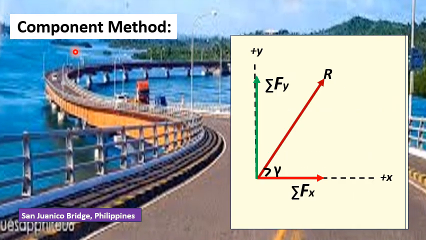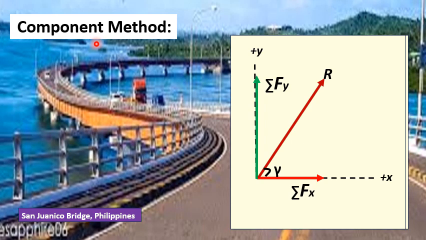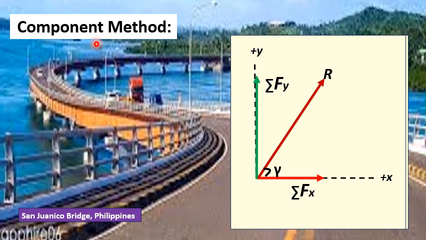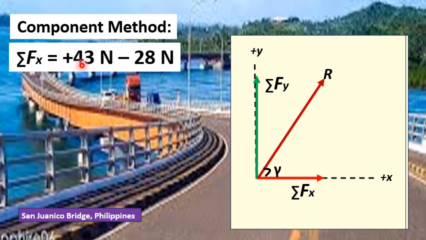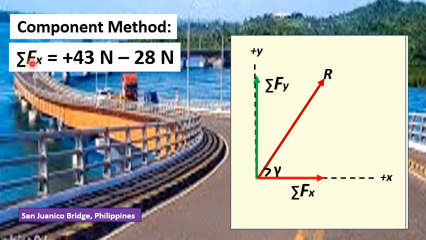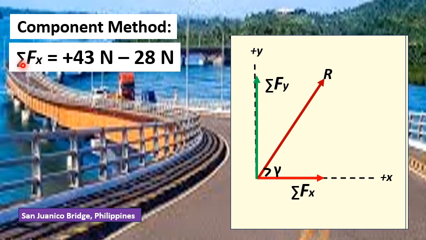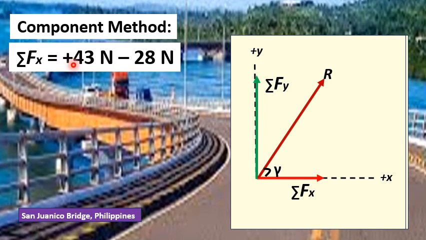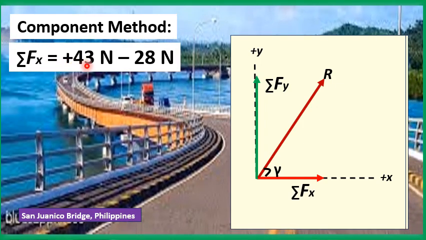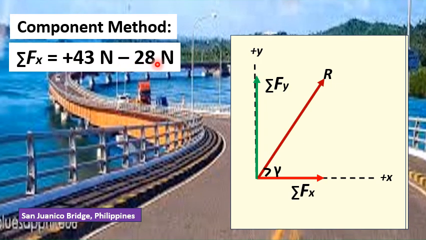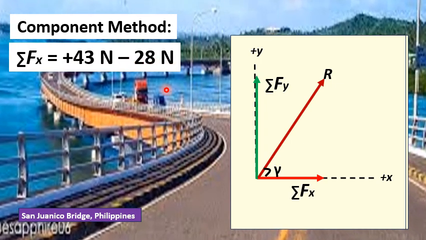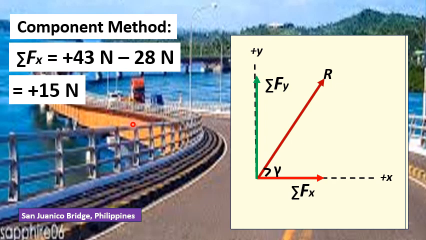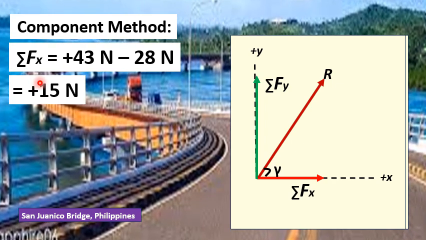Our next step is to add the two x components. We label it as summation of Fx, and that is equal to positive 43 newtons plus negative 28 newtons. So that will give us the summation of F sub x equals positive 15 newtons.